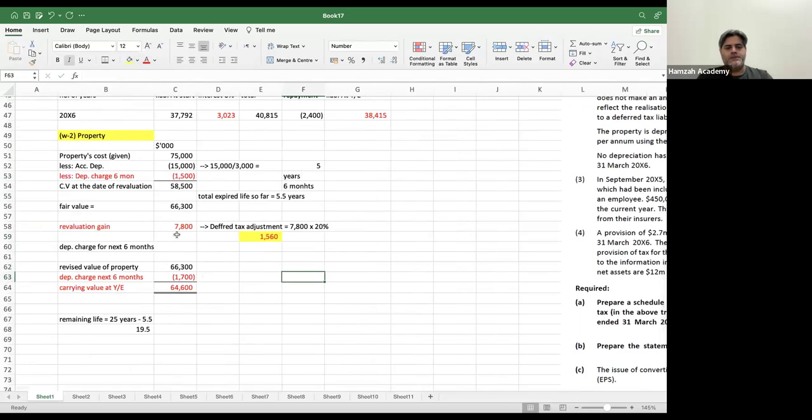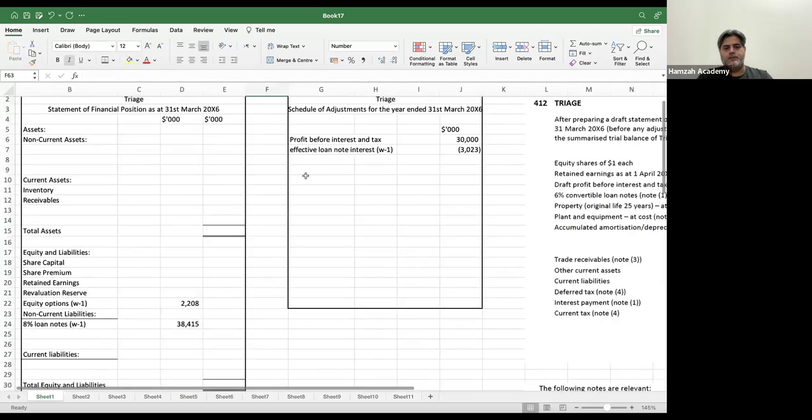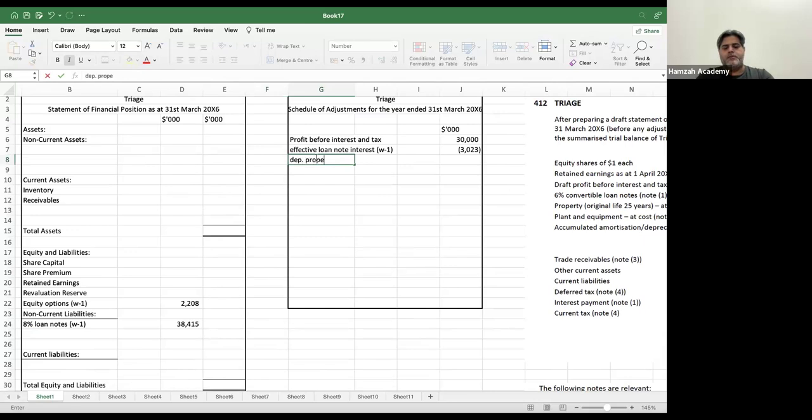First thing is depreciation is 1,500 and 1,700. So I'll go over here. Depreciation. I'll write total depreciation, or I can say depreciation property first 6 months.